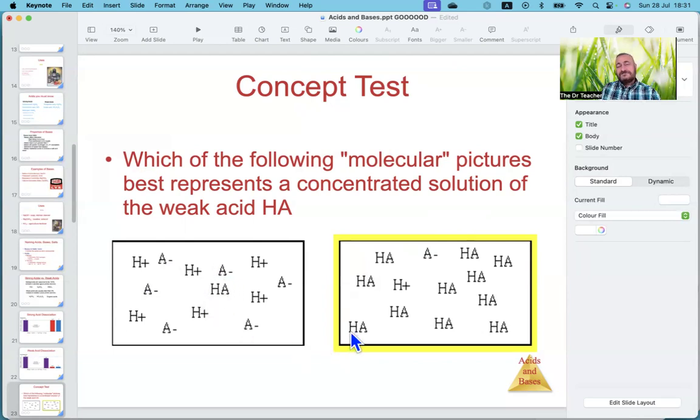Whereas here, you have always the acid itself, lots of it. Here we have very little. It's like all of them being formed by proton and hydroxide. Only a little bit left here.